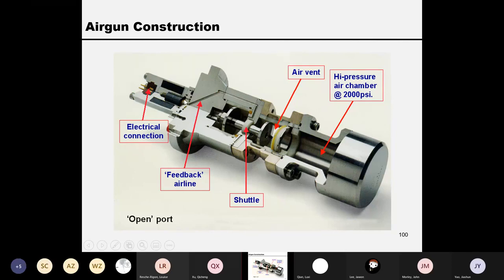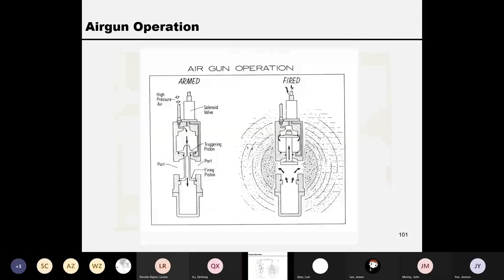Then you trigger that and release this upward, and all the air goes to these two sides and generates a bigger bubble. So the air gun principle is to generate a bubble. Okay, this is the illustration.